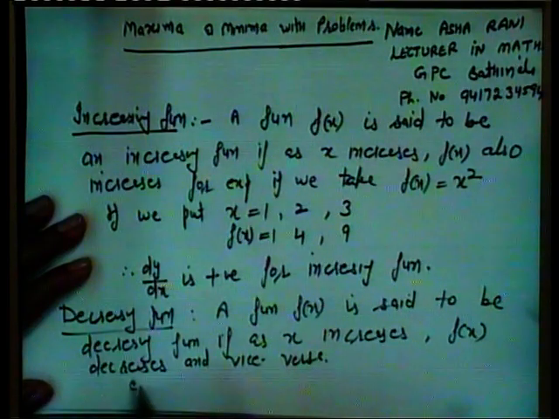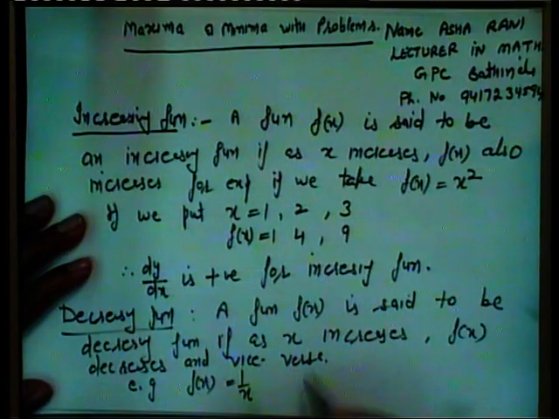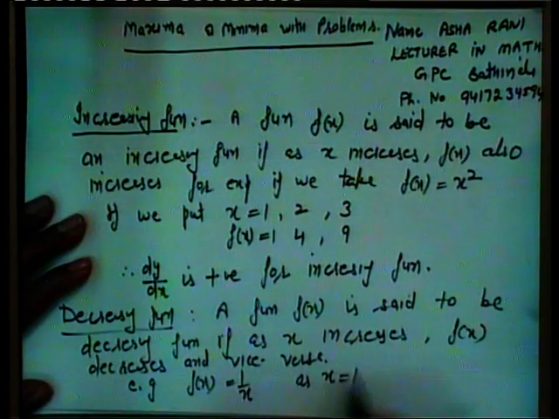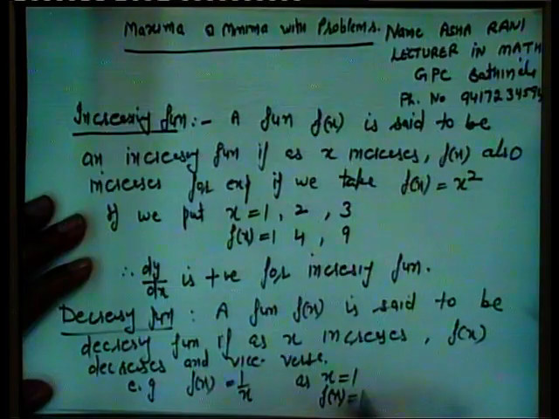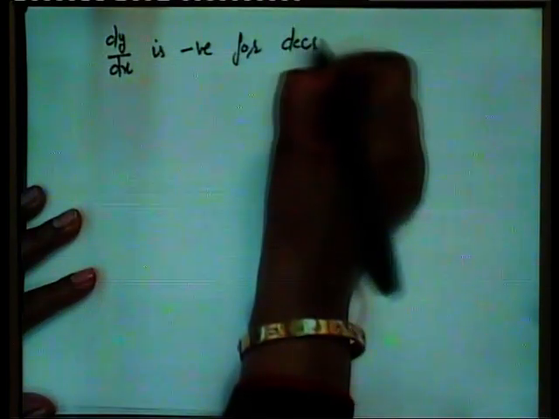For example, if we take f(x) is equal to 1 by x, as x is 1, f(x) is 1, x is 2, f(x) is 1 by 2, x is 3, f(x) is 1 by 3. x is increasing and f(x) is decreasing. Dy by dx is negative for a decreasing function.